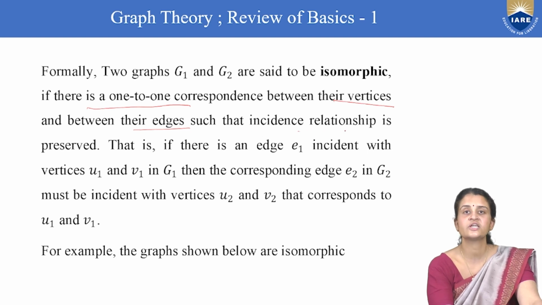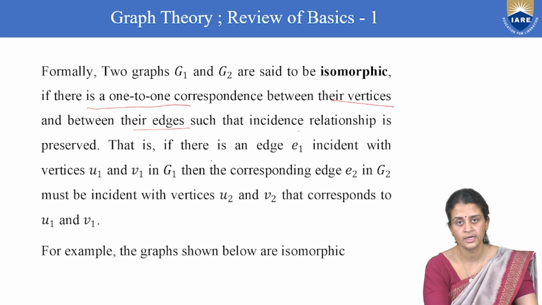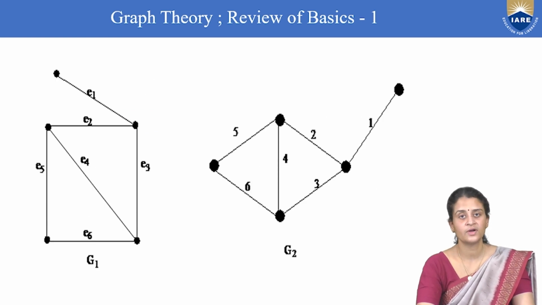such that the incidence relationship is preserved. That is, if there is an edge E1 in G1, which is incident with vertices U1 and V1, then corresponding to E1 there should be an edge E2 in G2, such that we should find U2 and V2 corresponding to U1 and V1. Okay, how is it? Let's see. Consider these 2 graphs G1 and G2. Though they look different, they are isomorphic. How?